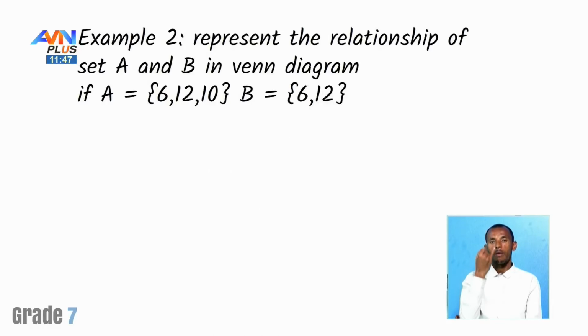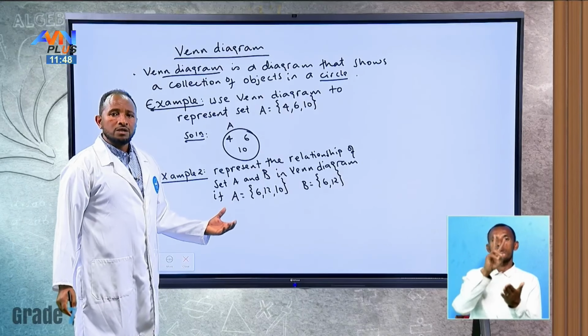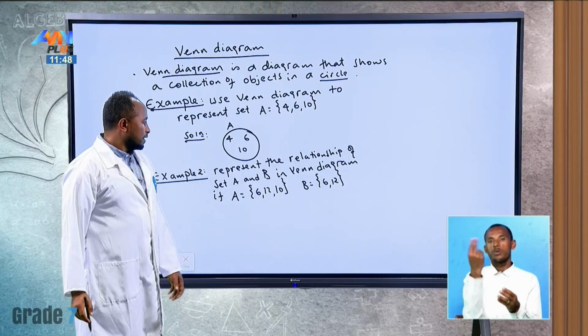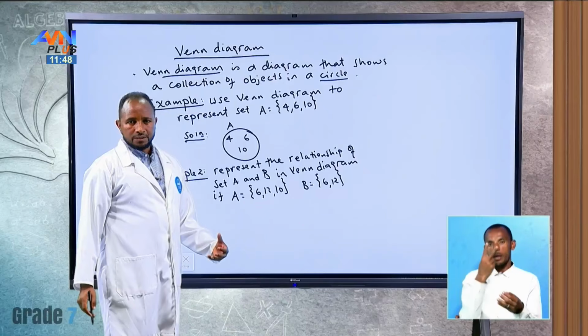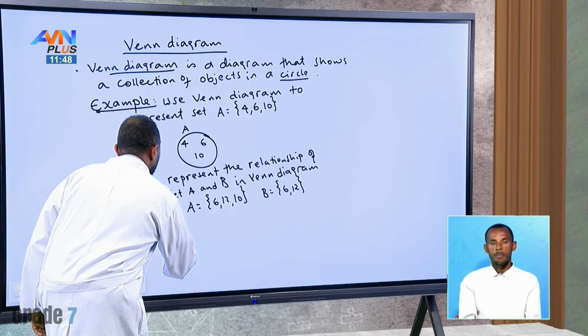If set A contains the elements 6, 12, and 10, and set B contains the elements 6 and 12. Now, let's represent these two sets using a Venn diagram. Solution.